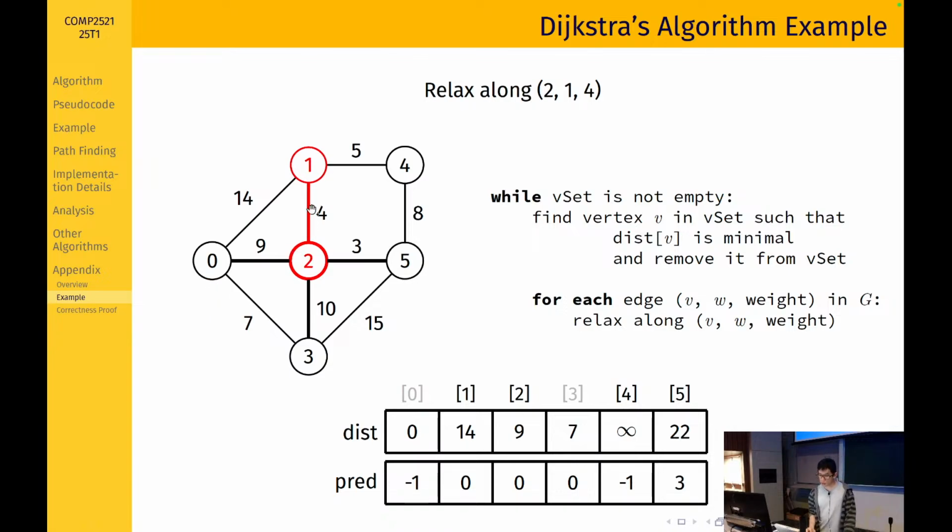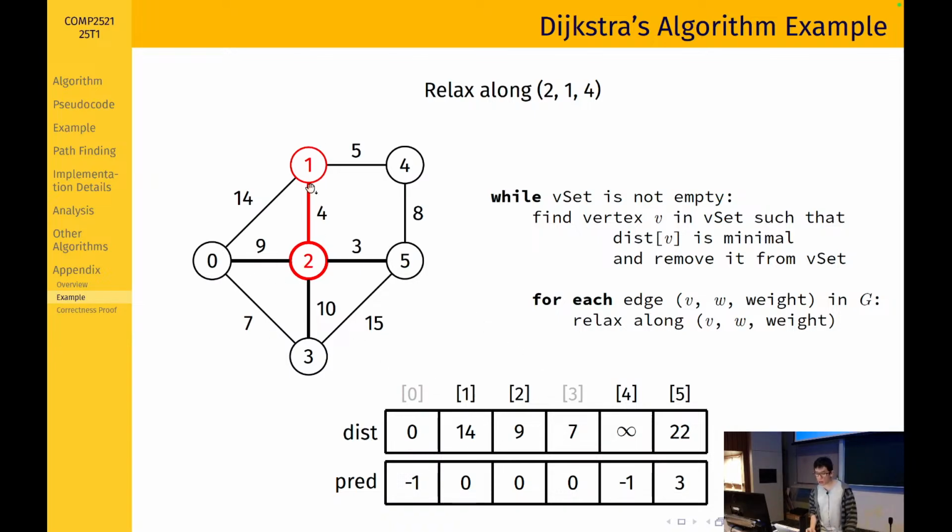Okay, and let's look at this edge now. So we have an edge from 2 to 1, which costs 4. Right? And this gives us a new path from 0 to 1. The existing path we have costs 14.